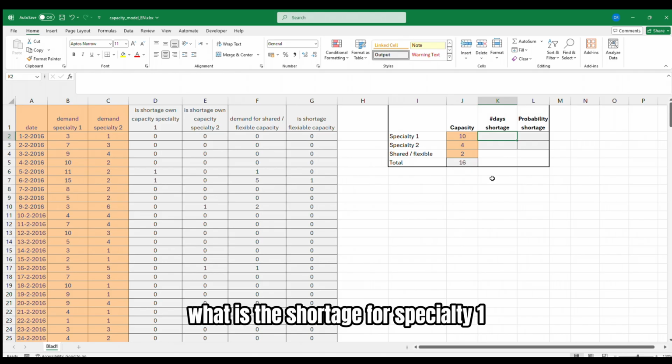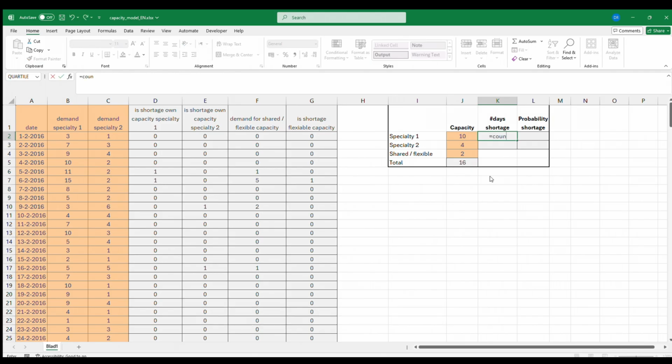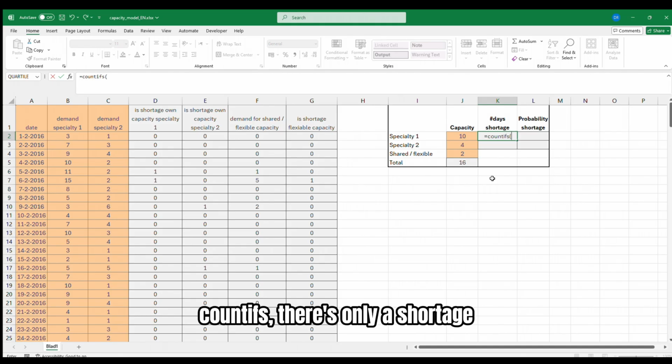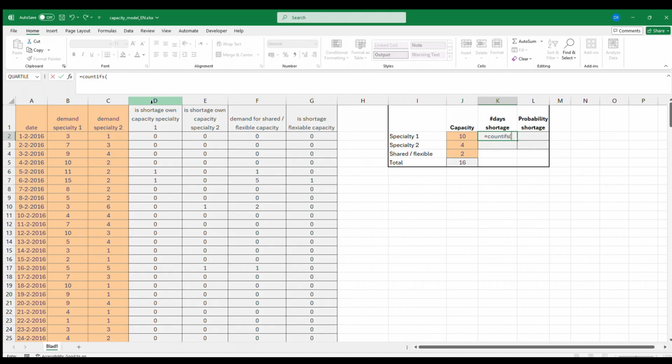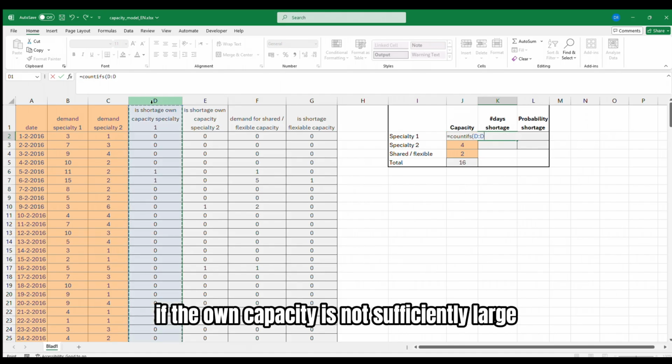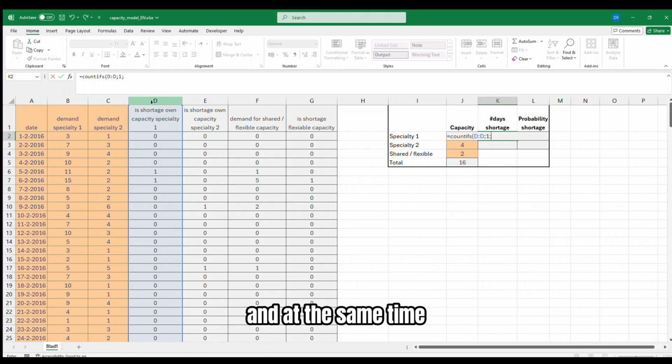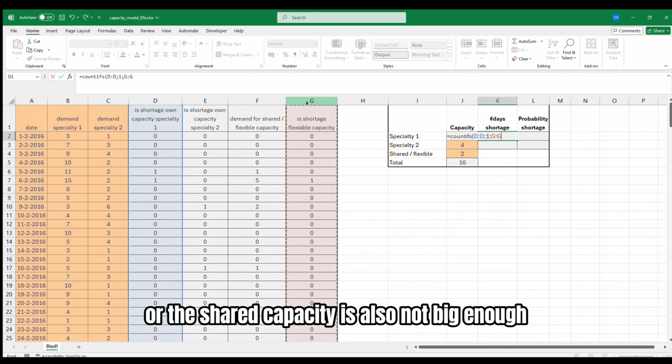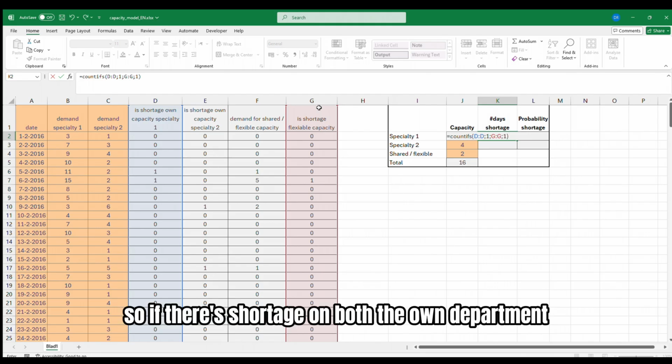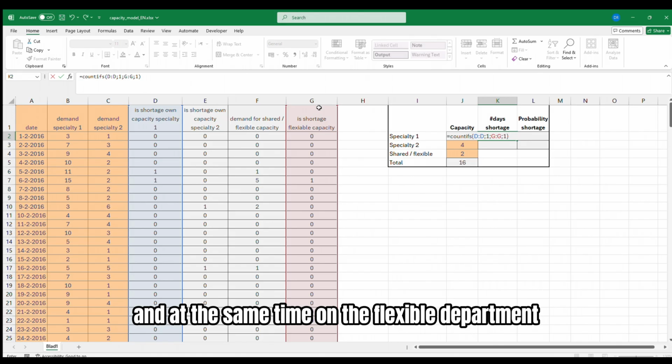What is the shortage for specialty 1? Countifs. There is only a shortage if the own capacity is not sufficiently large, and at the same time the flexible capacity or the shared capacity is also not big enough. So if there is a shortage on both the own department and at the same time on the flexible department.